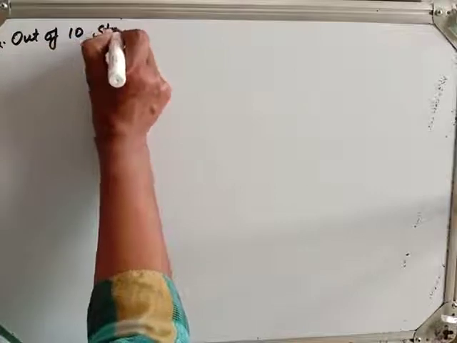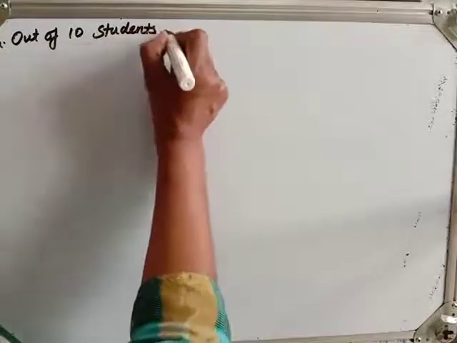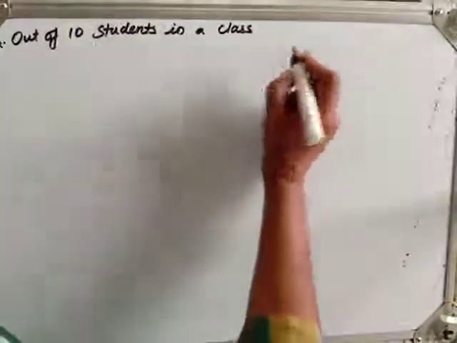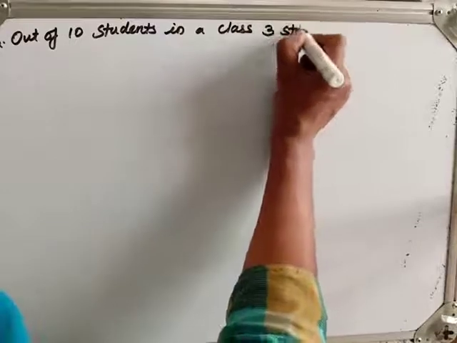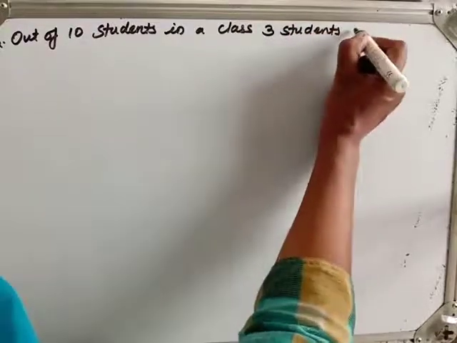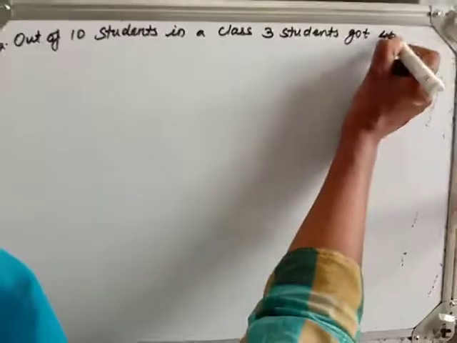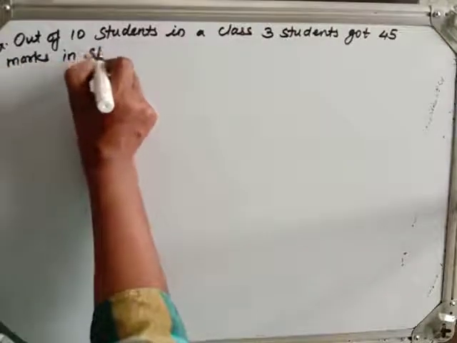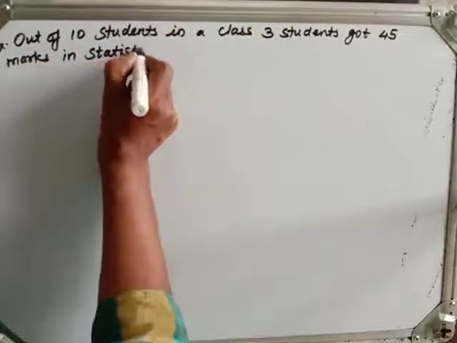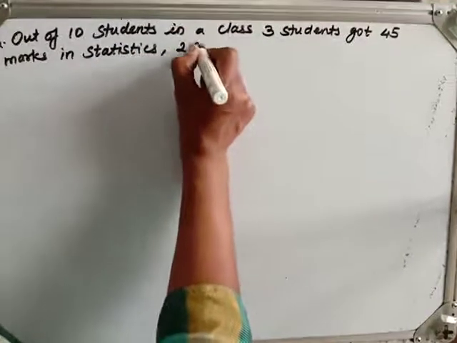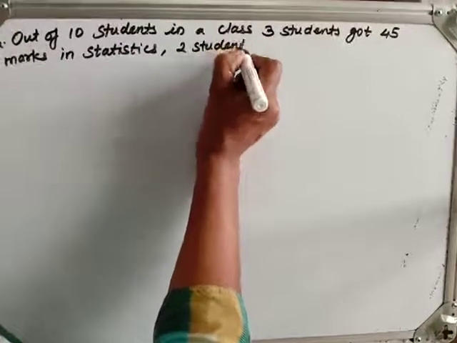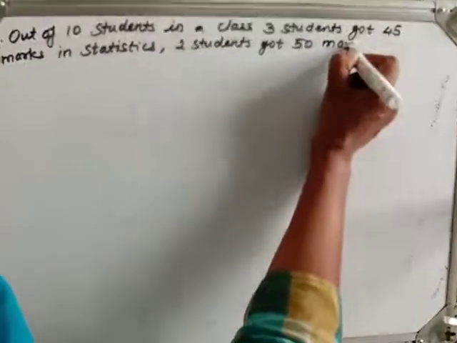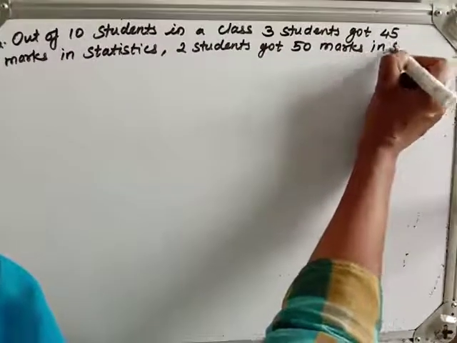Example: out of 10 students in a class, 3 students got 45 marks in statistics. Two students got 50 marks in the same subject, statistics.